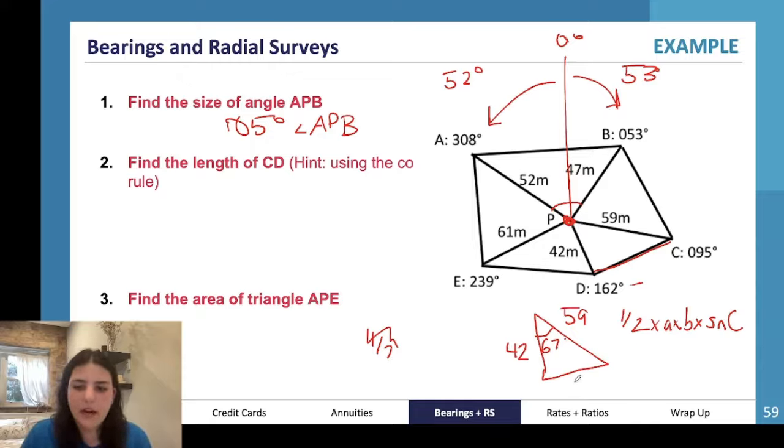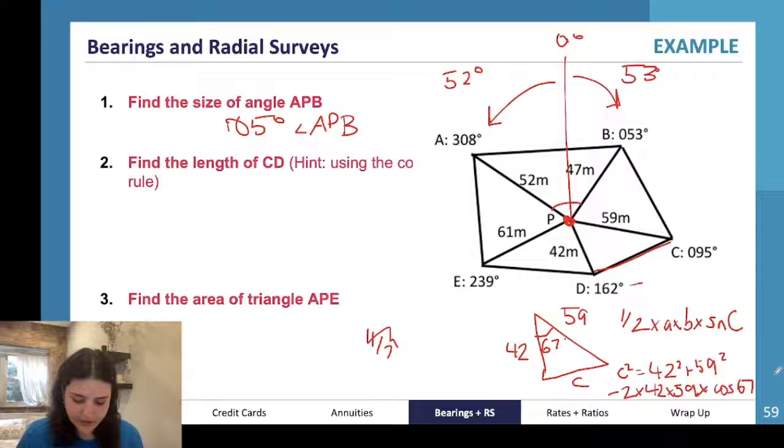This is going to be our C. To find an opposite side, C squared equals A squared plus B squared, minus 2 times A times B times cos C, so 67. Pop all that in a calculator.